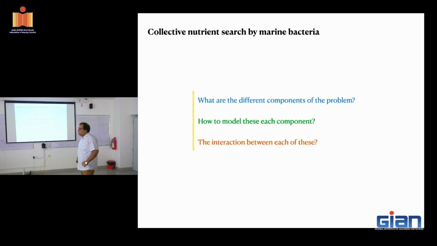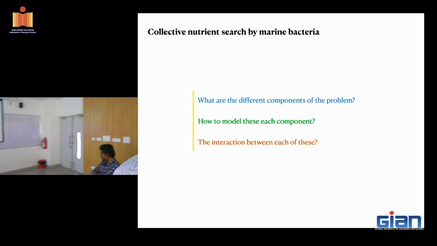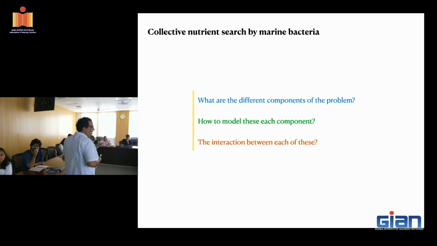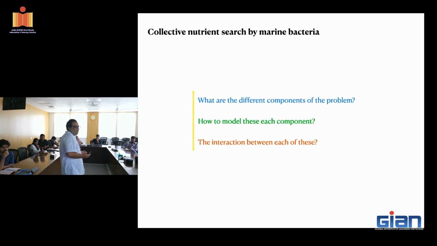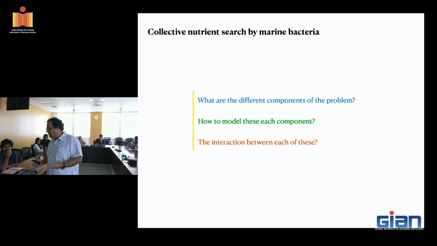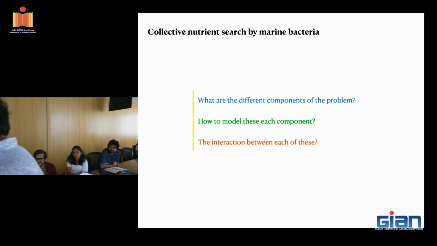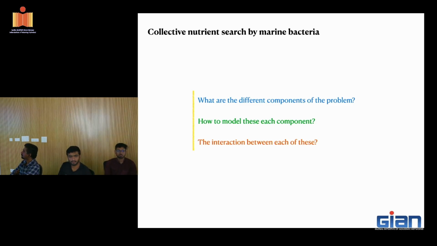Okay. So now, this collective nutrient search by marine bacteria, collective because there are many of them which are competing, right? If you are hungry and your brothers or sisters are hungry, what about the cooperation? Or say there's a cake cutting ceremony and you are a 3-year-old, think about the cooperation.